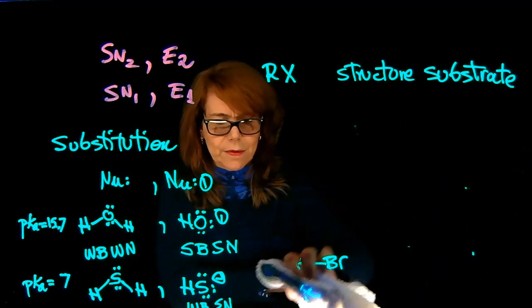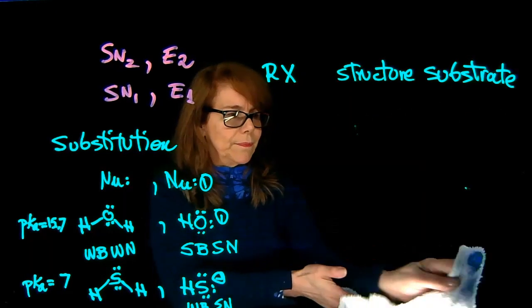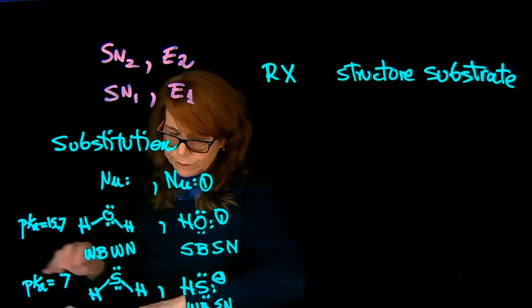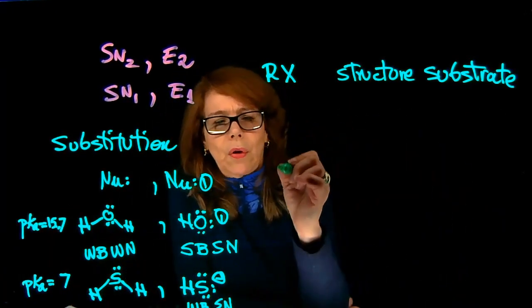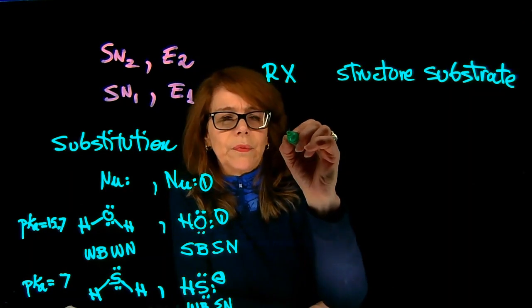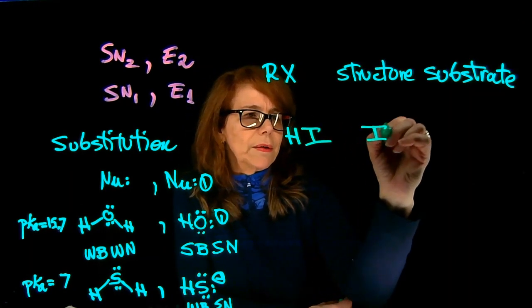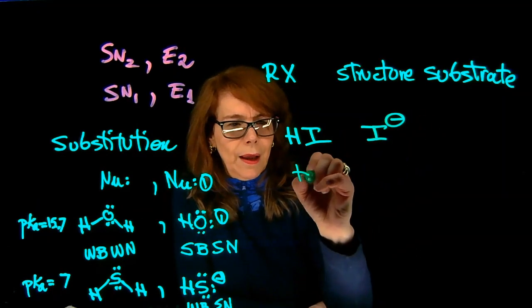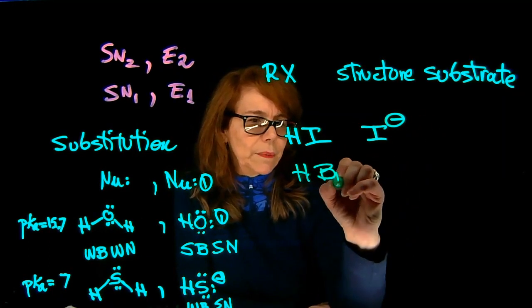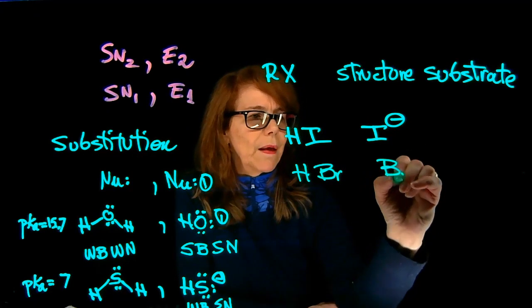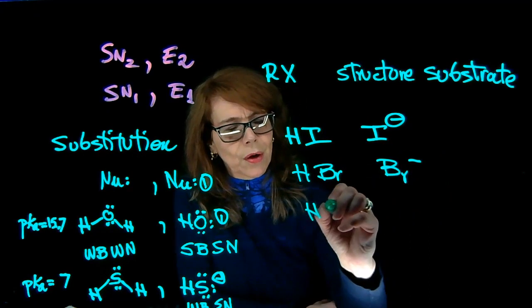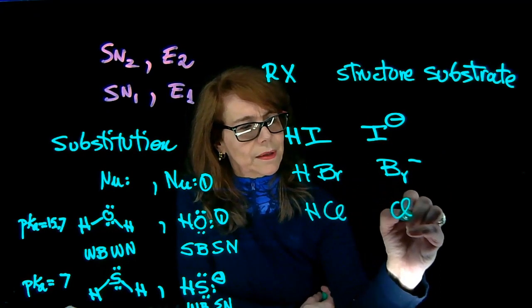Typically, when you are in another group, say for example, you have hydroiodic acid, whose conjugate base is iodide, hydrobromic acid, whose conjugate base is bromide, and hydrochloric acid, with chloride as its conjugate base.